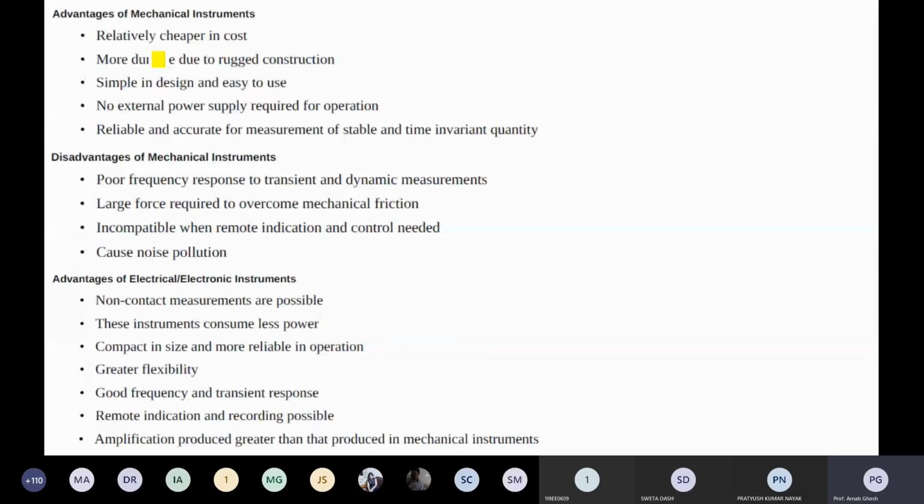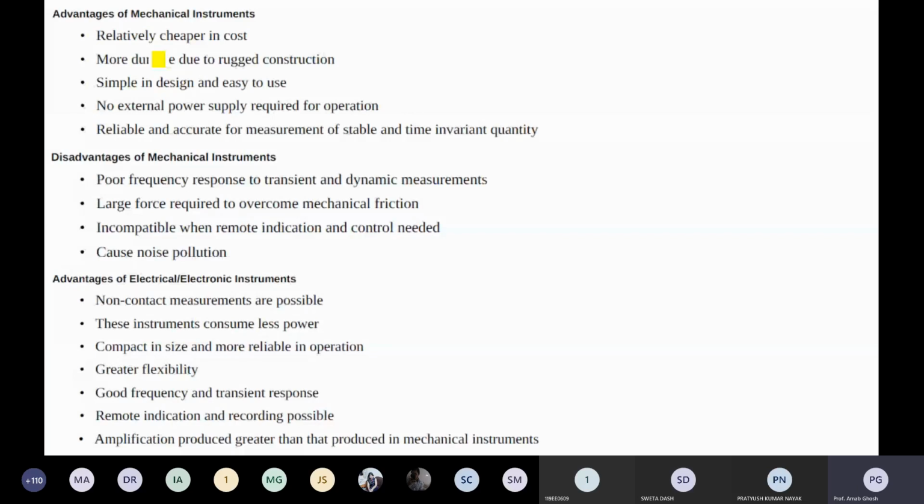Reliability means how robust your system is. Reliability also depends upon the aging effect, moisture and other environmental features. Still, mechanical instruments are quite reliable, and the range of operation is very high in mechanical instruments.